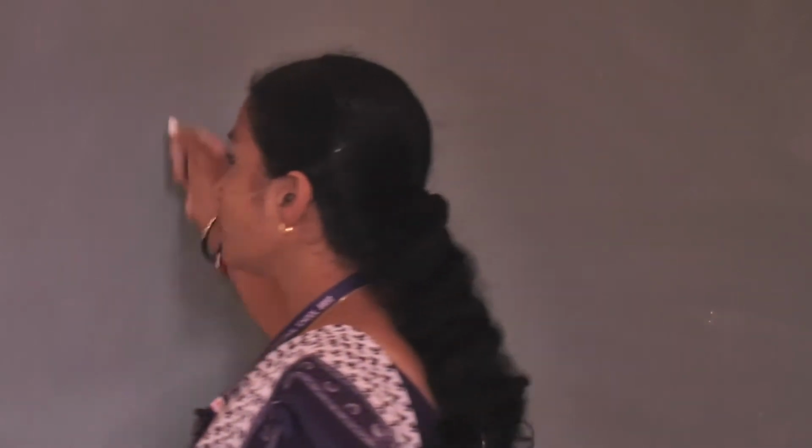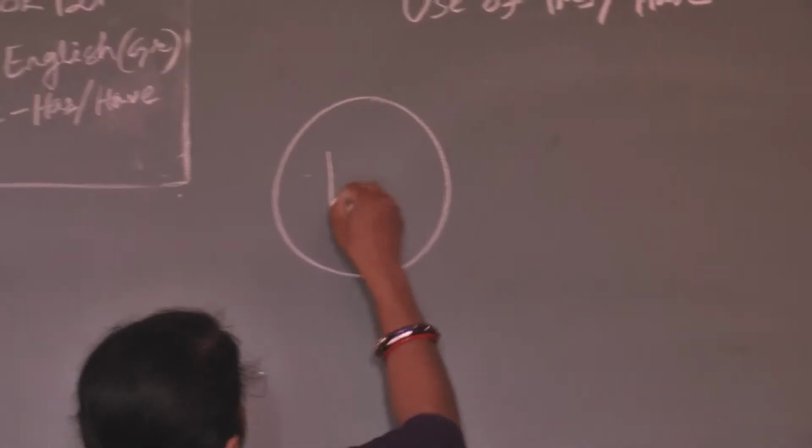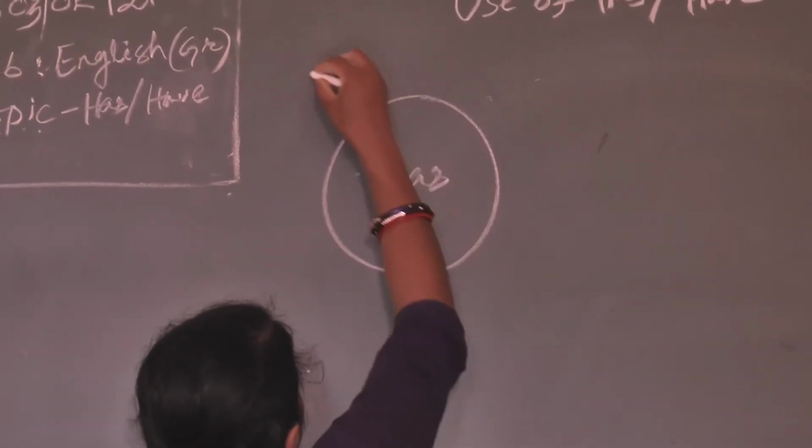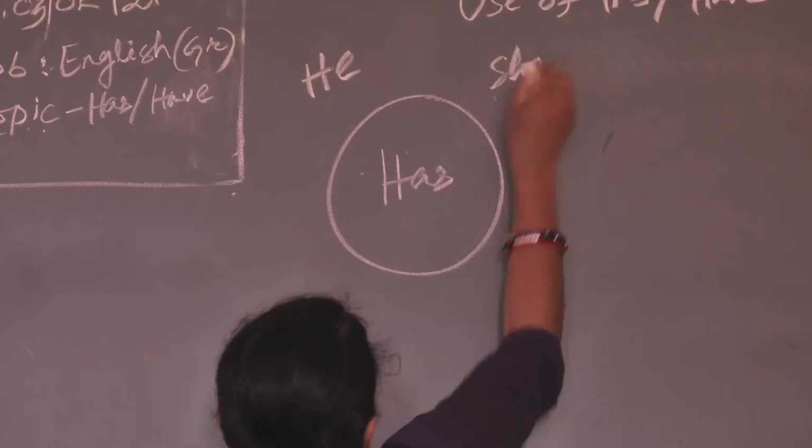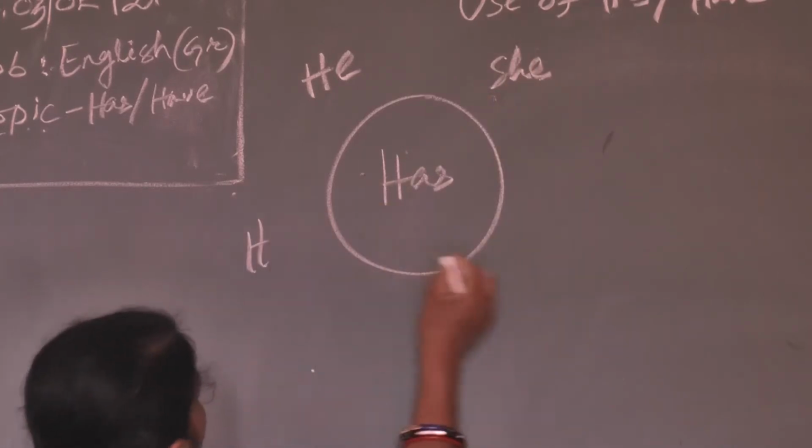We use has for he, she, it and also with a singular noun. So, children, now see the uses of has and have. Here, has: he, she, it.